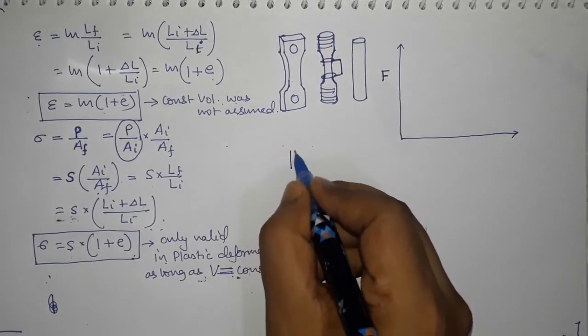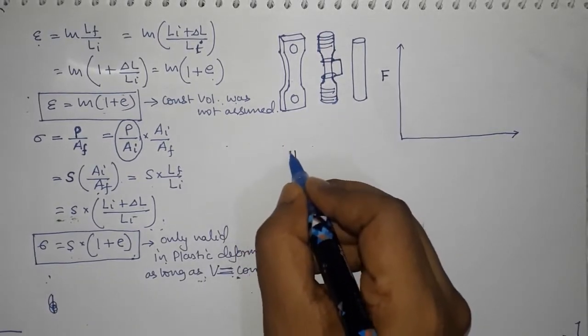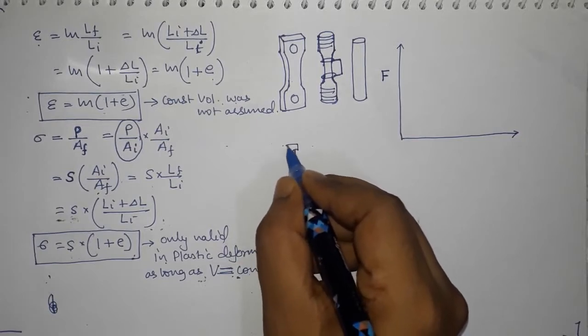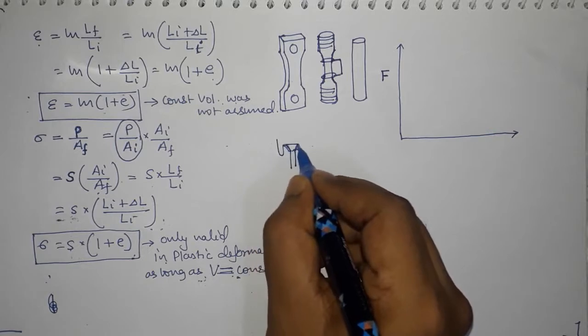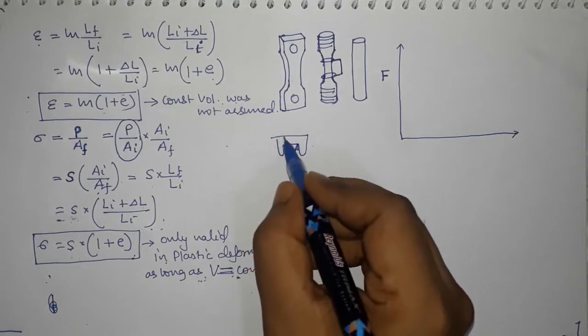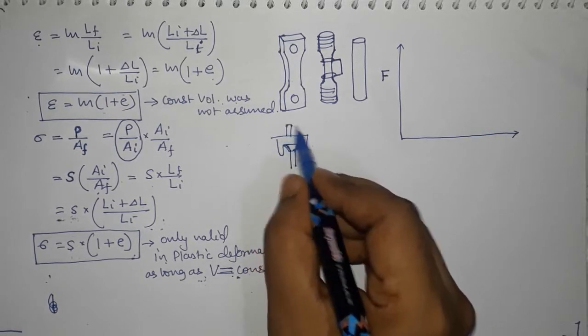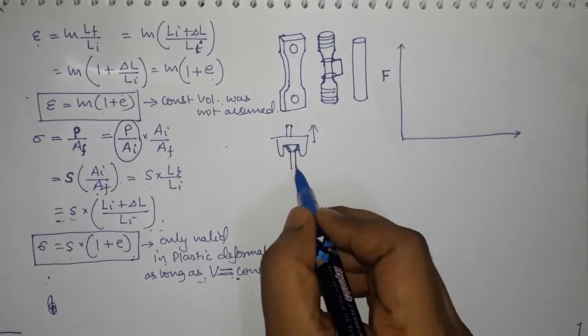So this was in a very simple way, if this is my sample fixed in the fixture and this fixture is being pulled up, right?